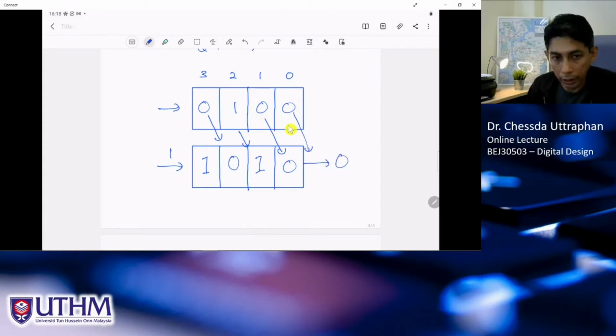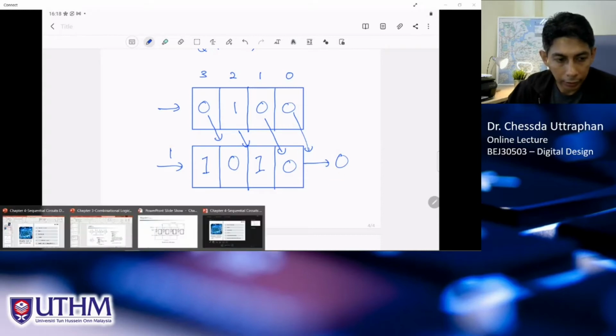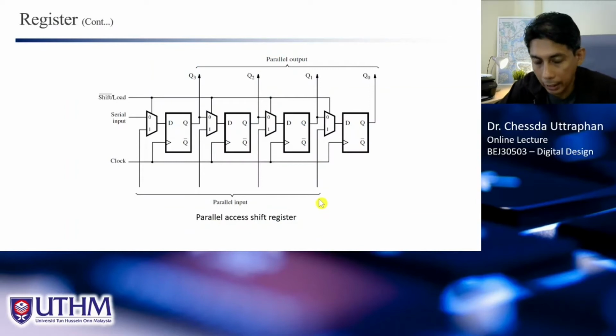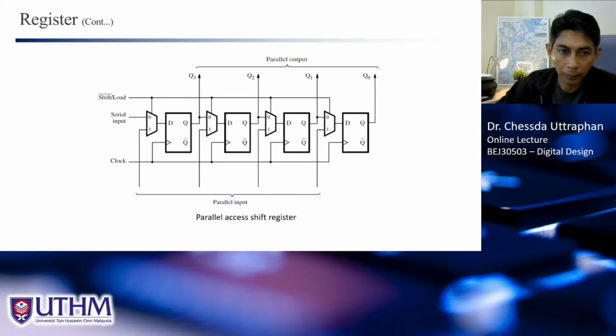So this we call the shift operation. So we can use the register to shift the data as well. And shifting is very important in digital systems. We will see in the next chapters, chapter 5 and chapter 6, how we use the shift in the system.